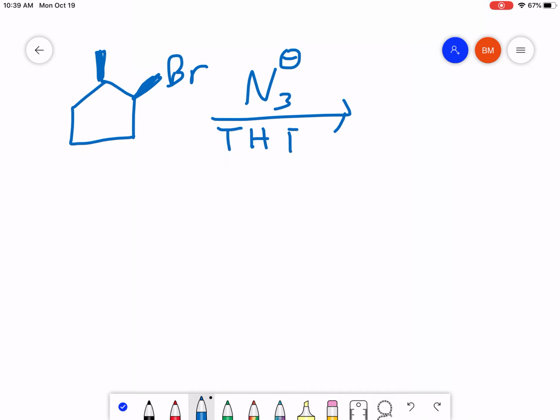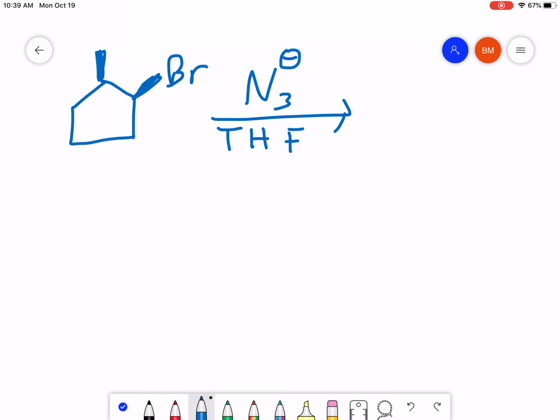We'll use some THF here. Okay. Now, looking at this, again, first thing we look at is type of alkyl halide. Now, this is a secondary alkyl halide, right? And we learned that secondary alkyl halides can do either one, SN1 or SN2, about equally. So that means we have to look at the nucleophile and solvent that we have.